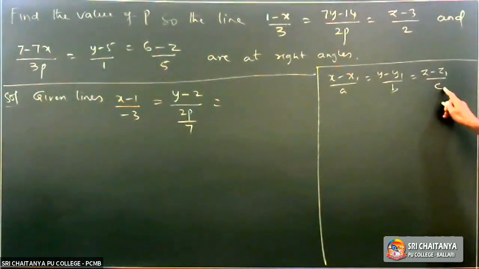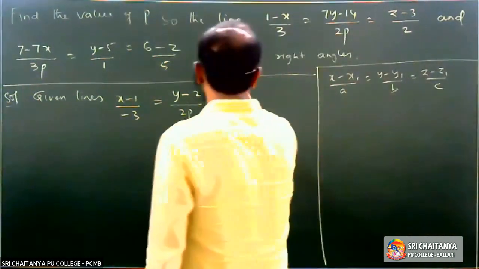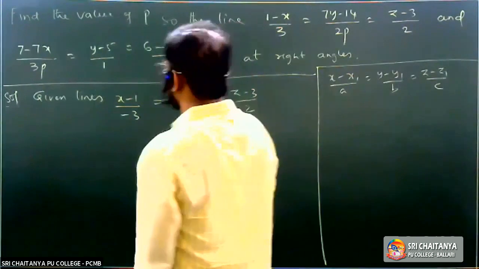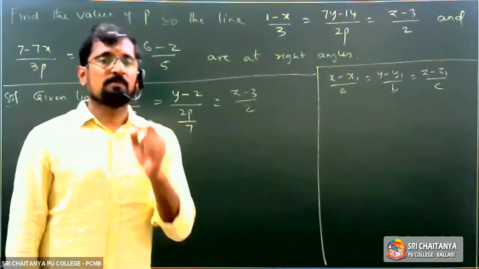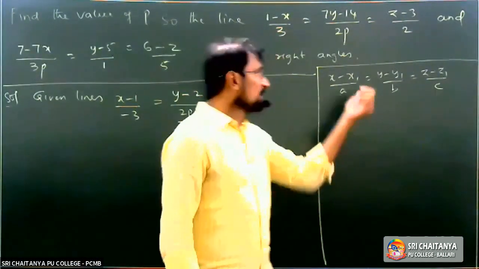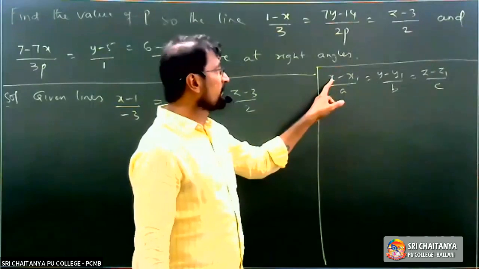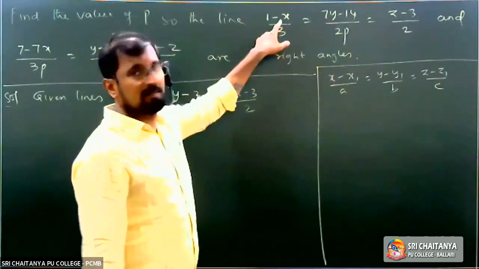(z minus z1)/c. Of course, it is as it is, so you don't disturb that one. (z minus 3)/2. I am going to repeat the first line. Observe the standard form of a line should be like this, no? That means the coefficient of x should be 1, but here it is 1 minus x.